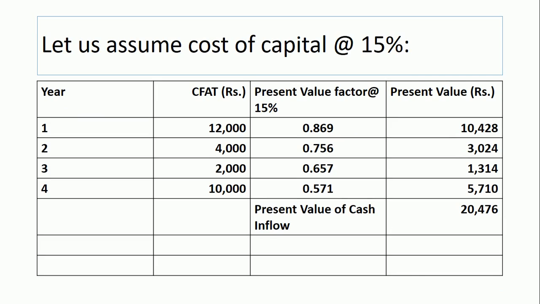Then the calculation of the fourth column, present value. First year 12,000 into 0.869 is 10,428 rupees. Second year 3,024 rupees. Third year 1,314 rupees. Fourth year 5,710 rupees. The total for 4 years is 20,476 rupees.